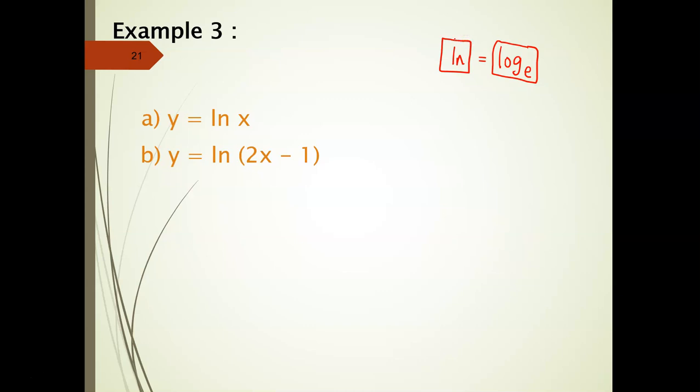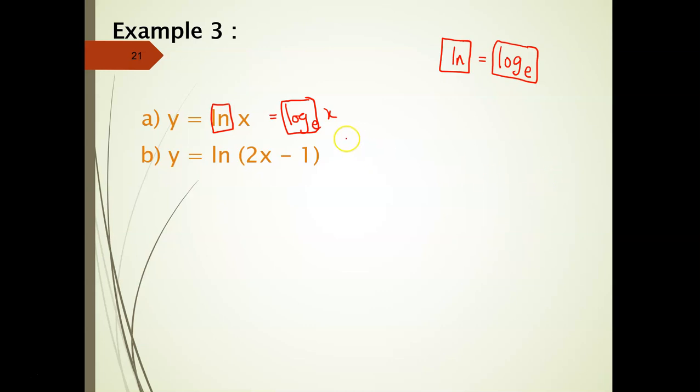Okay, there is an ln button in your calculator. That's the function log e. So ln x is actually log base e of x. Log e and ln are equal, right?